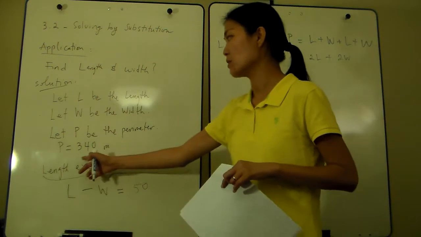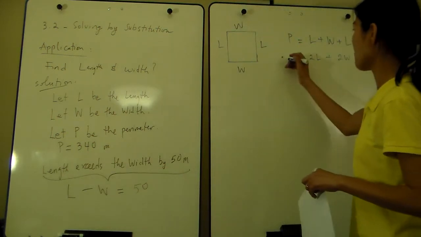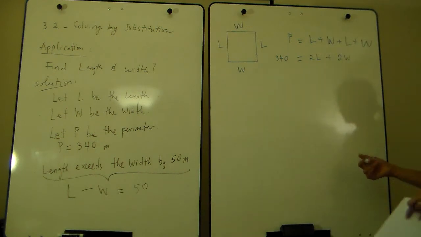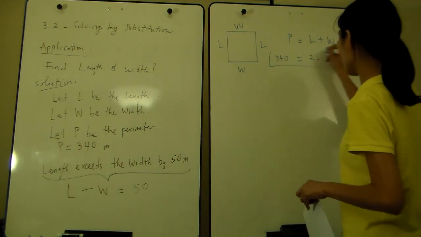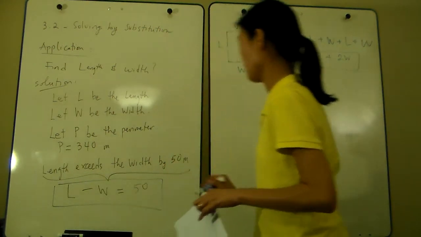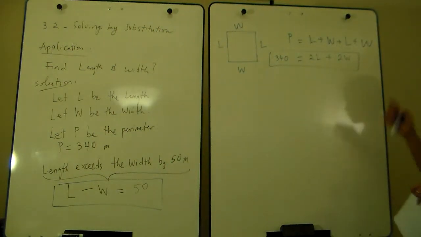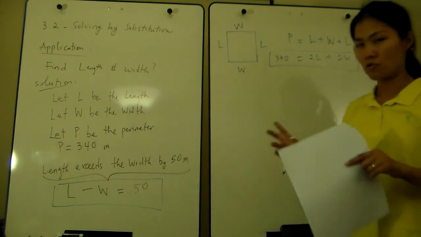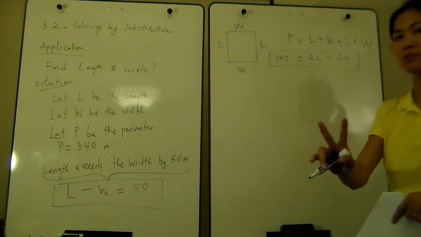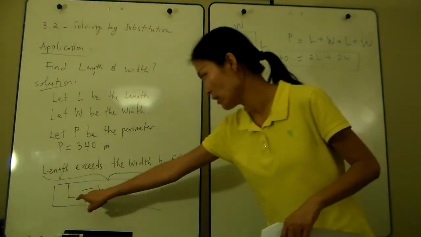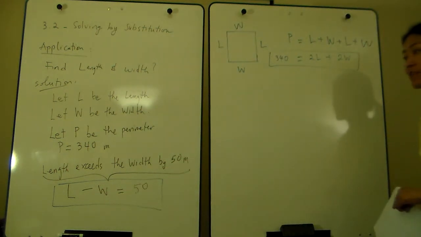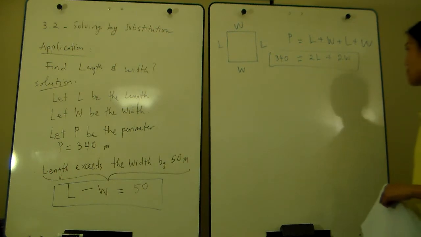We're given P, which is 340 meters, so you can replace P with 340 meters. Look at that, you actually have the second equation. This is the first equation and this is the second equation. To solve for two variables you need minimally two equations with the same two variables, L and W. That's a good sign. Now you actually can solve for L and W.